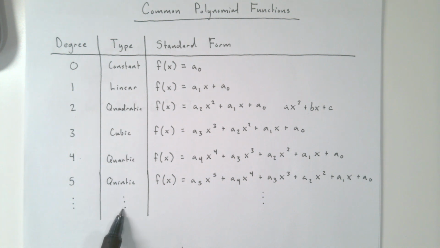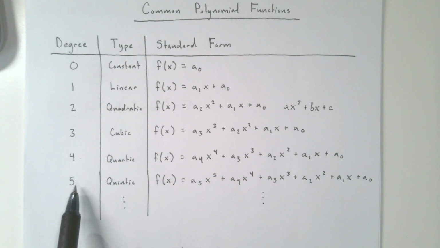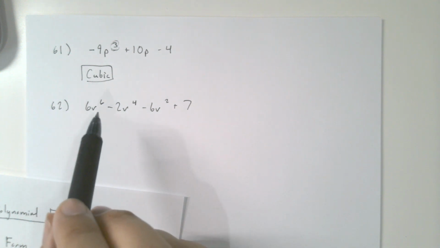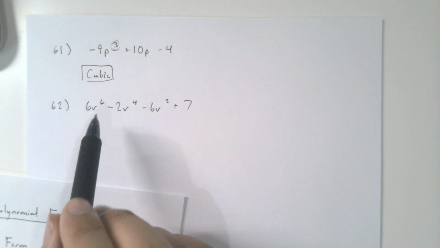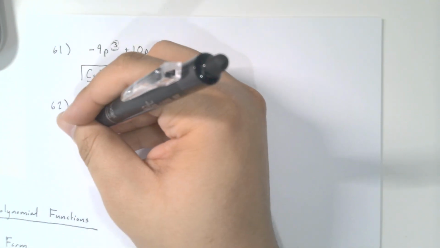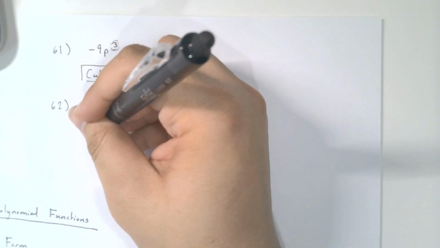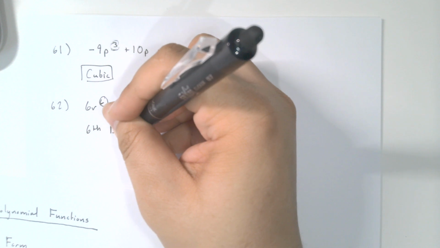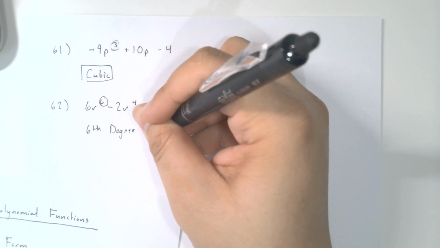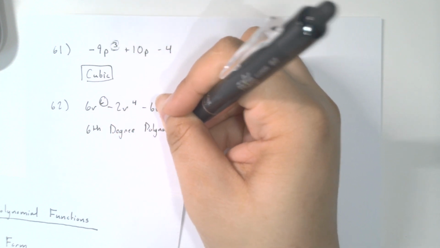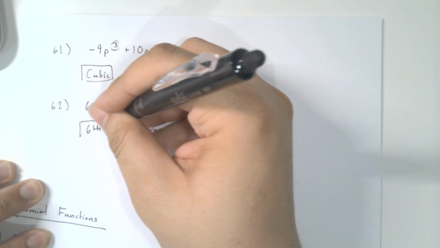After degree 5, we usually just call them whatever the degree is. In this case, the highest power of our variable v is a 6, and we just call it a 6th degree polynomial.